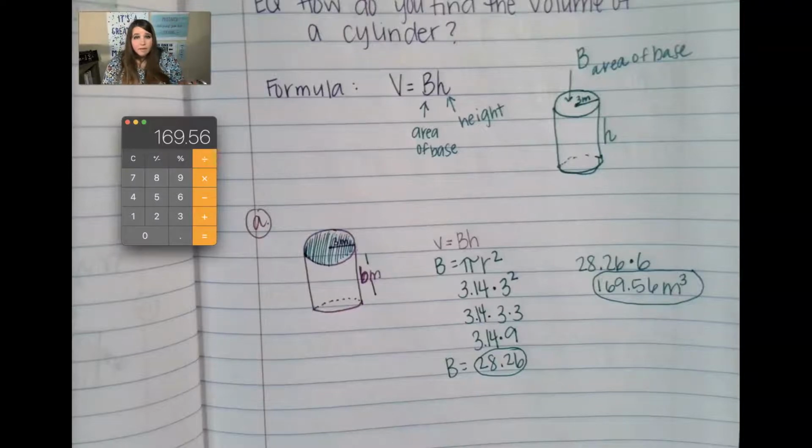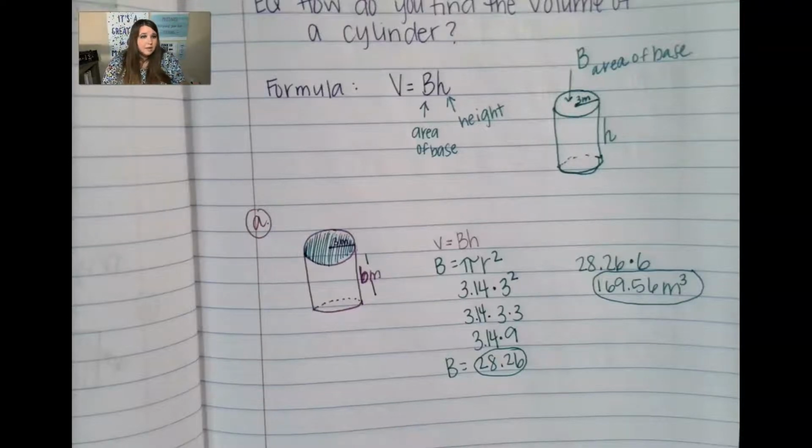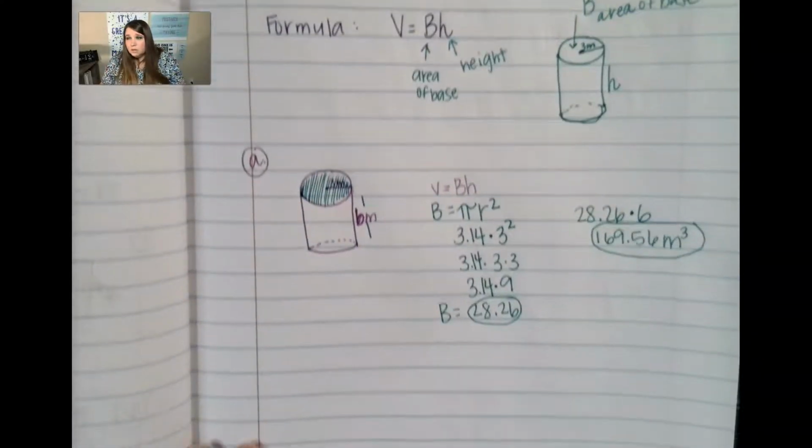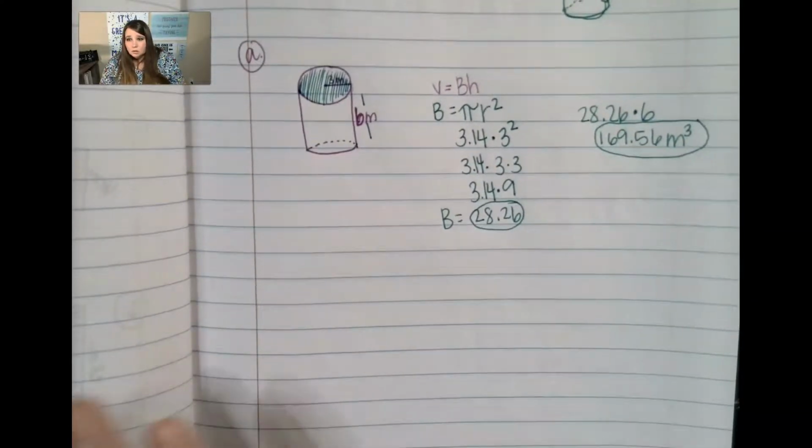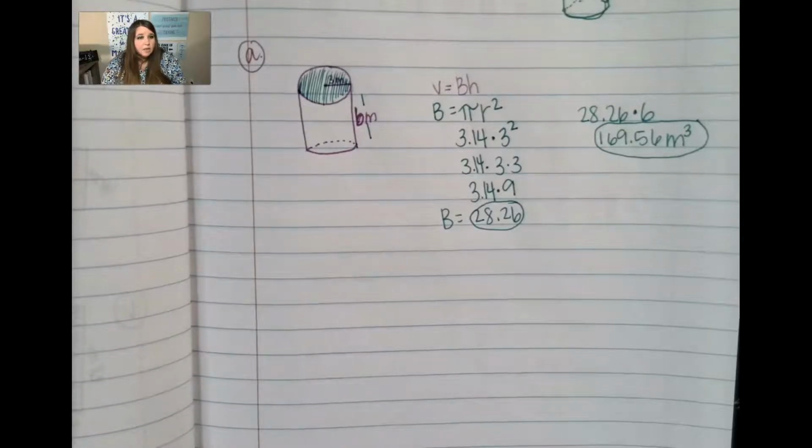Okay. All right, let's go ahead and do another example so that way you can have this also in your notes. Okay, our next example says that we have a cylinder with a radius of 6 feet and a height of 3 feet.